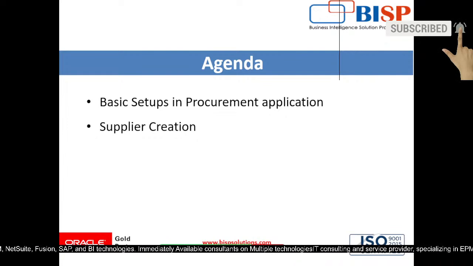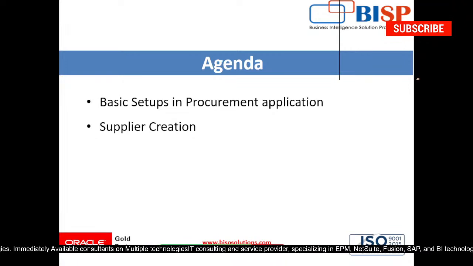So let's start today's session with the basic setup in the procurement application, and later on we will see the supplier creation, how we will create the supplier in our Fusion application.